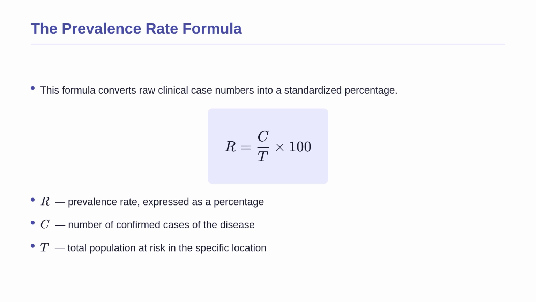The variable T represents the total population at risk in that specific location. Conceptually, dividing C by T gives us the decimal fraction of infected individuals. Multiplying by 100 simply scales that fraction into a recognizable percentage format. If the number of confirmed cases increases while the population stays the same, the prevalence rate will naturally rise, signaling a worsening outbreak.